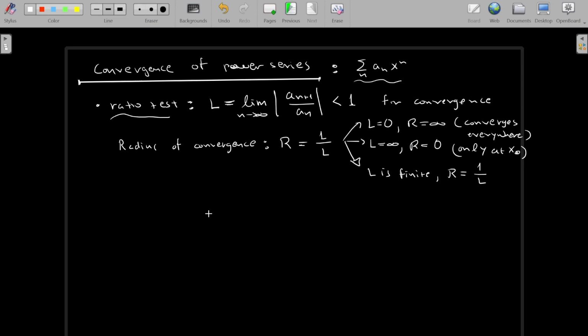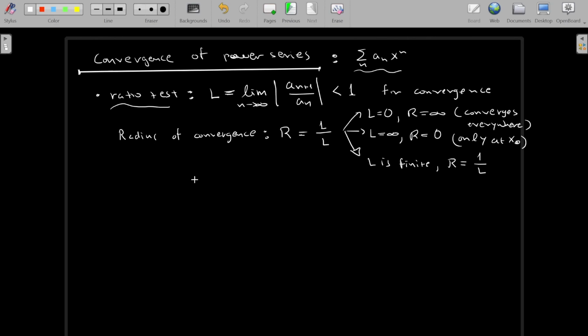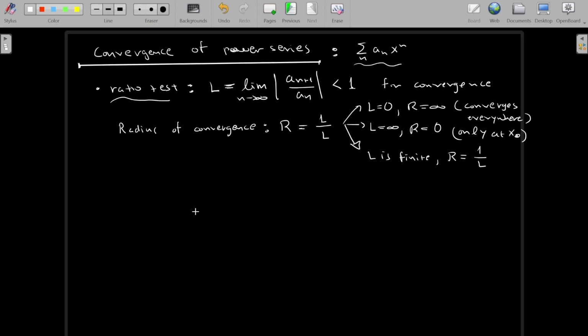Now, from practicality only, in general, the most straightforward way to find what the radius of convergence of a power series is the following.